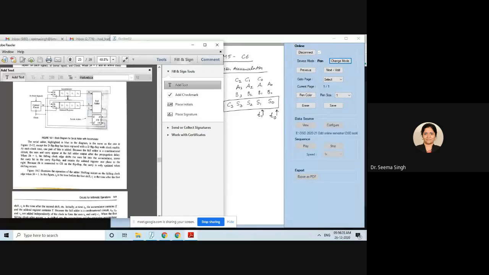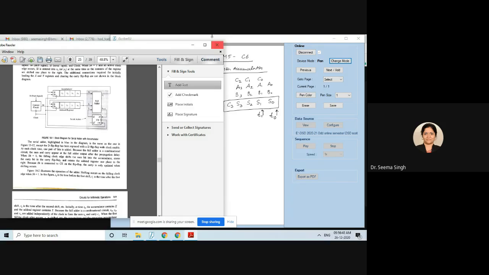Here you will get your S1. Okay, so what do you get here? Here you get your S1 at the 4th bit place and here you get your S0.